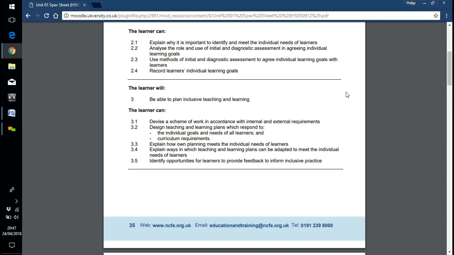Like I say, it may be something very simple like large text, or it could be something a bit more complex like having an extra person in class to assist that particular student or learner, so that they're in with the rest of the class and actually meeting the curriculum requirements with that assistance, and that's your adaptation. Yeah. What's been done to meet the individual needs of learners.